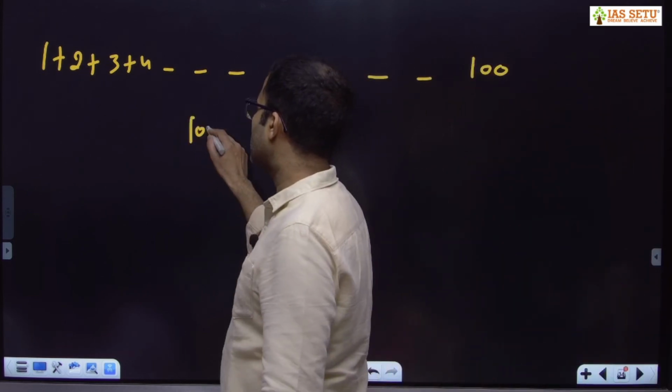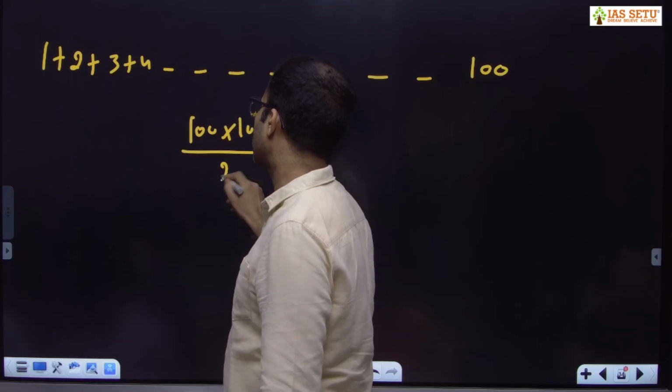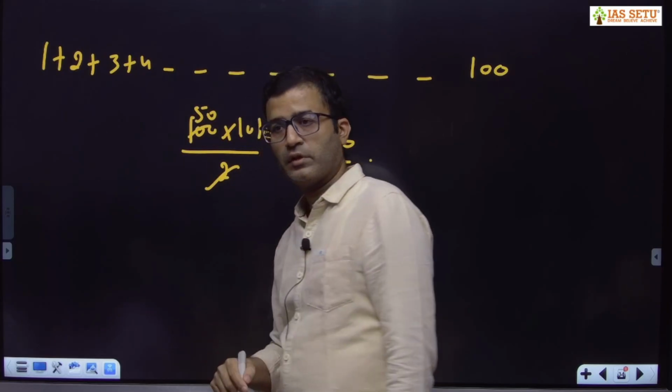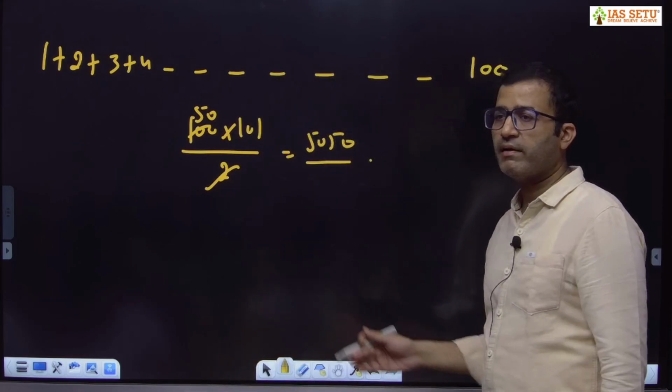So now it is 100 into 101 divided by 2. So 50 into 101, 5050. Okay. So these are level 1 questions.